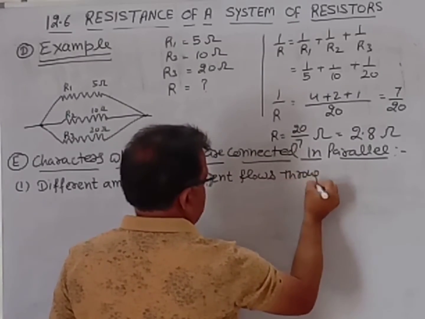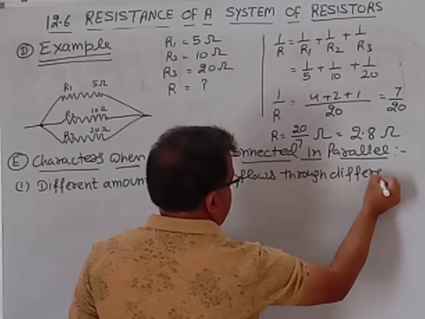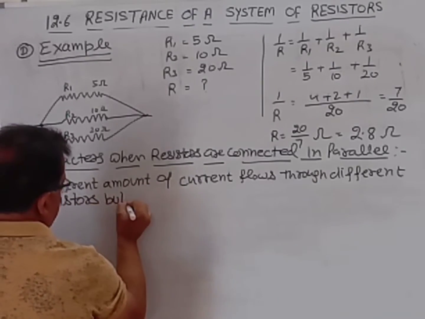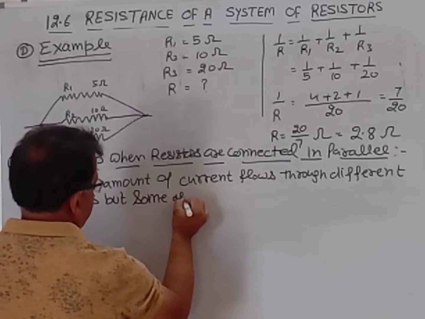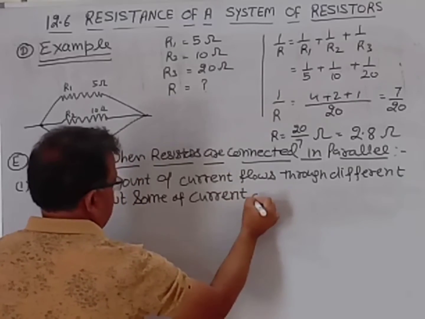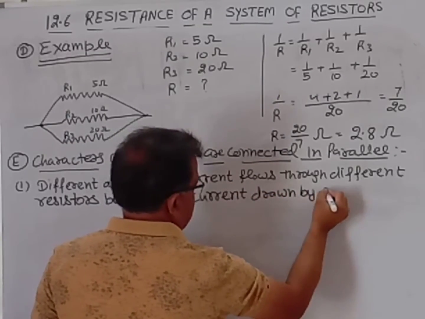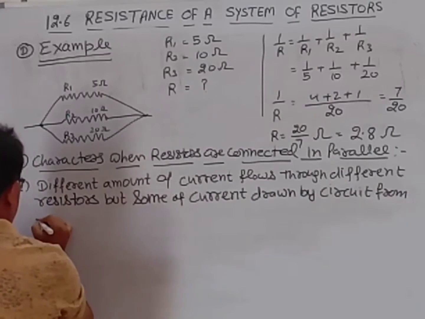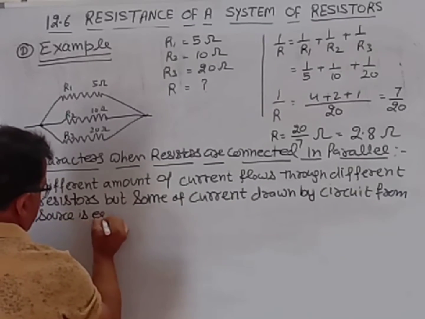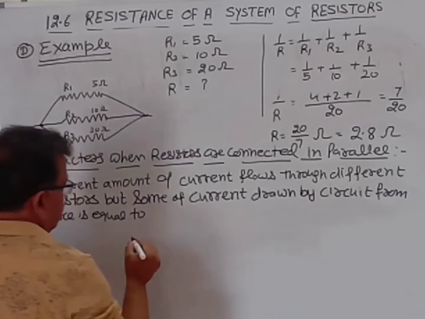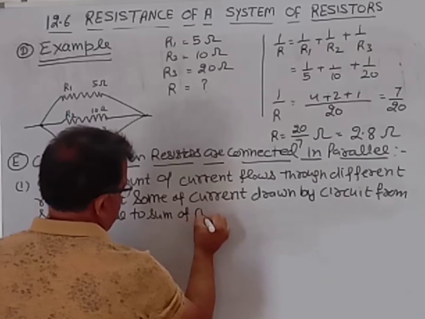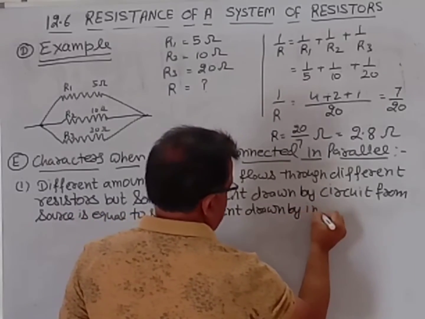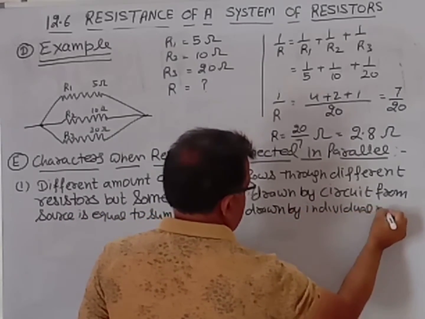but the sum of the current drawn by the circuit from the source is equal to the sum of the current drawn by the individual resistors.